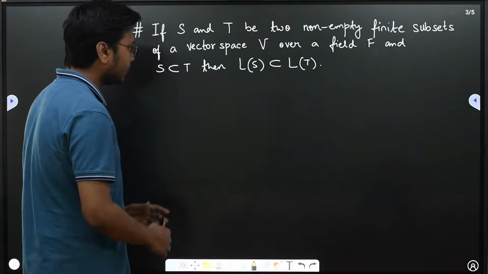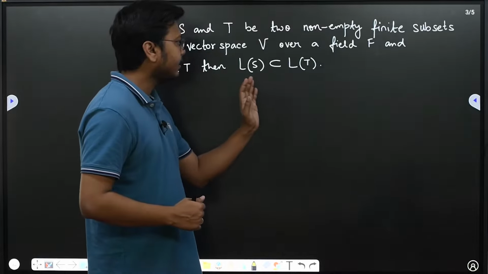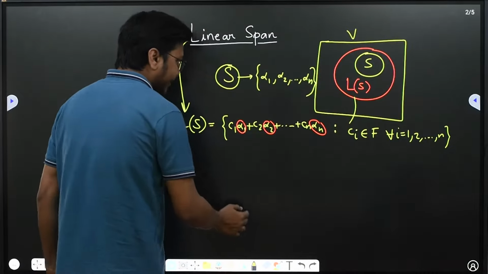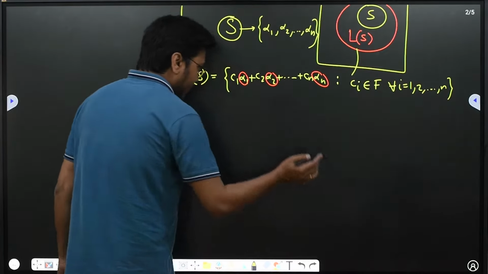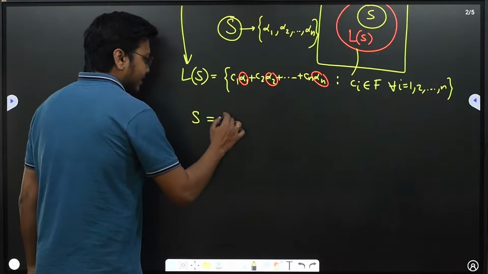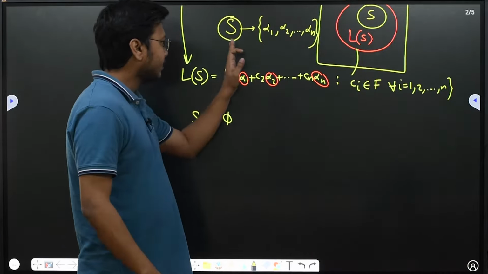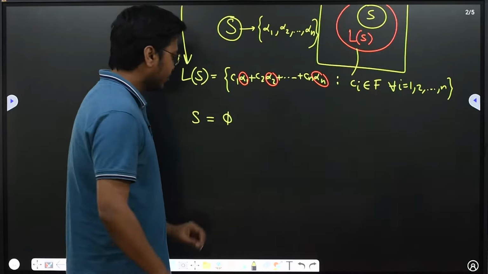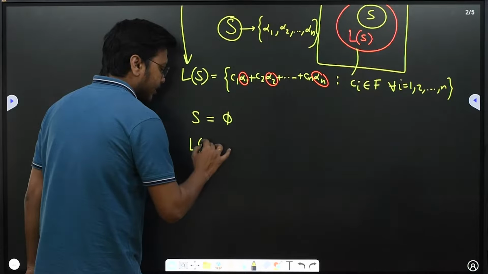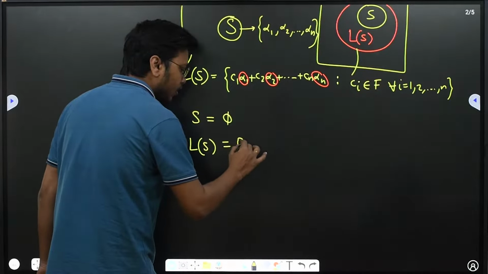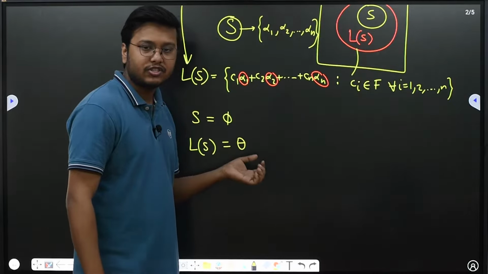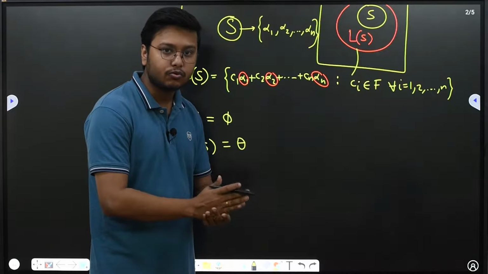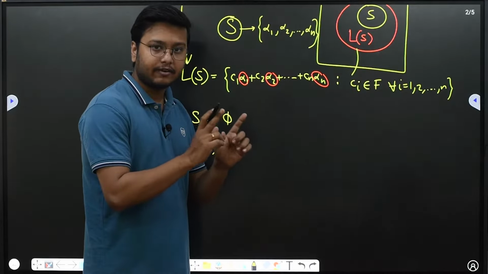Before we go into the theorem, I have a few more things to say about linear span. Suppose my set S is an empty set. It does not contain any elements like alpha 1, alpha 2. It's simply an empty set. Then as per definition, L of S would contain only the theta element, which is the null element, the identity with respect to addition in the vector space.